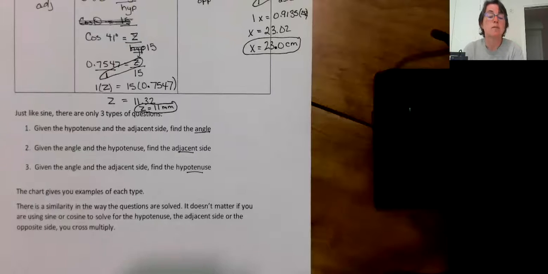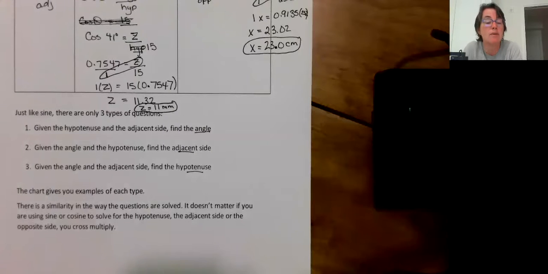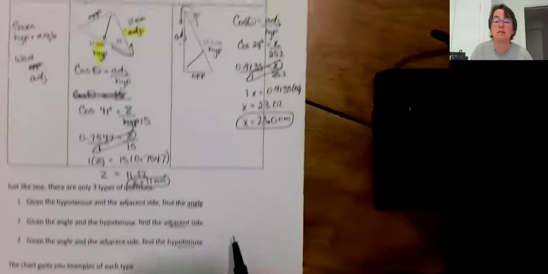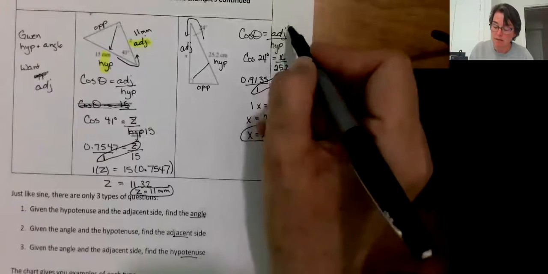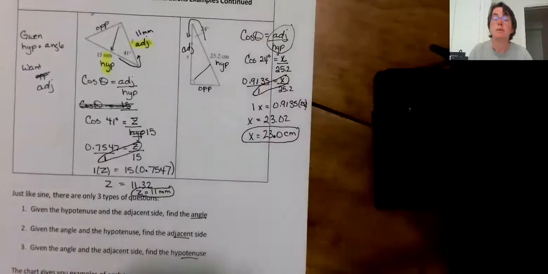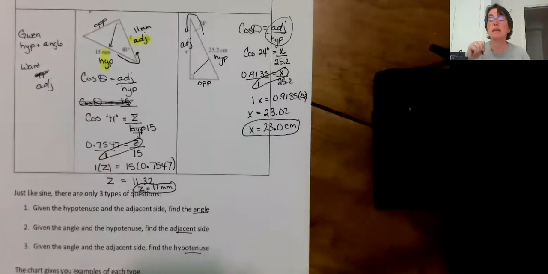There's a similarity in the way the questions are solved. It doesn't matter if you're using sine or cosine, if you're solving the hypotenuse, adjacent side, or the opposite side. So again, anything on this side of the equation, you're going to be doing the cross multiplying. It's only when you are finding an angle that you don't have to cross multiply. But then you get to use the inverse or the second function. Math is so cool. It is all about patterns.